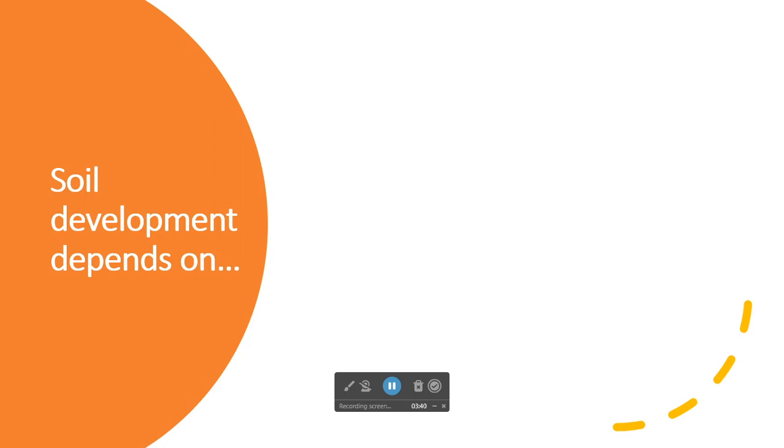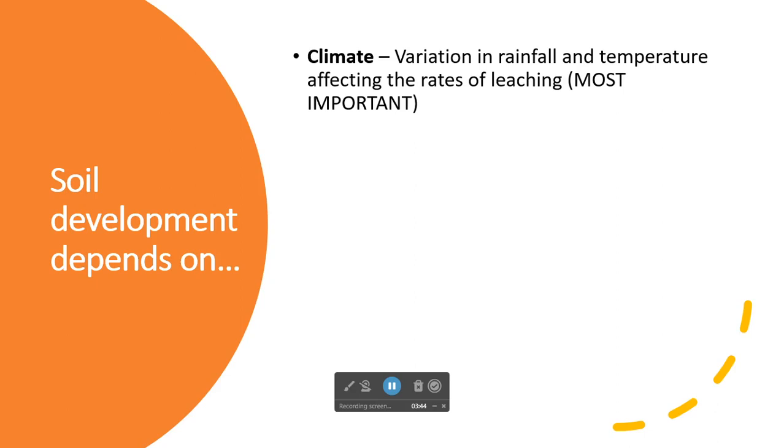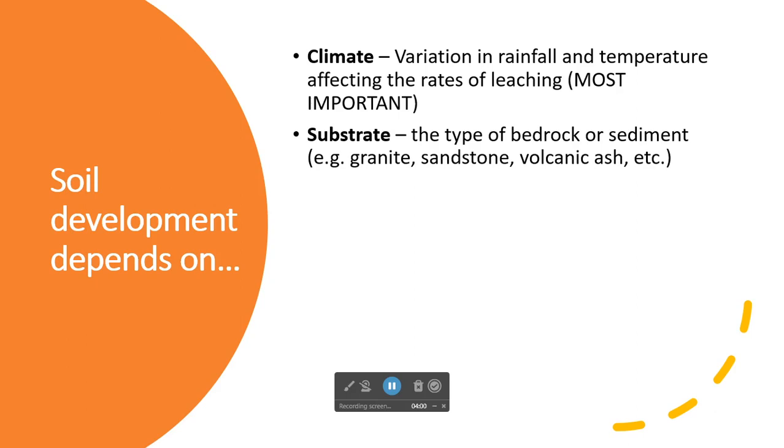So soil development really depends on a few different things, climate being the most important of these. So climate is just variations in rainfall and temperature over the globe that affects the rates of leaching in these areas. So climate is very influential on soil development. Substrate type is also very influential.